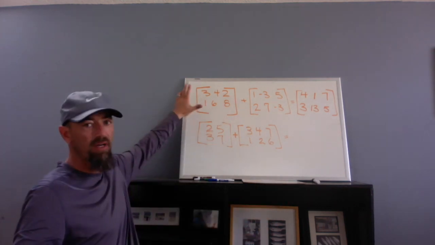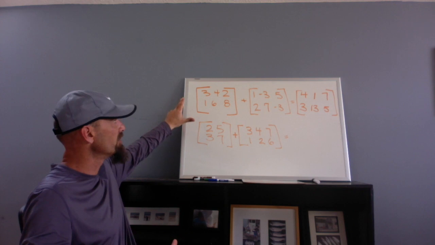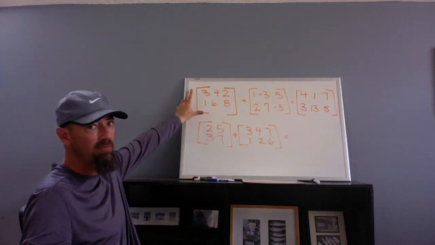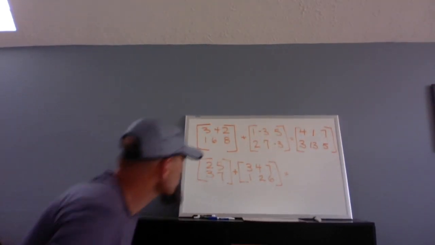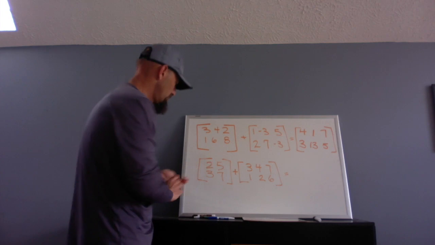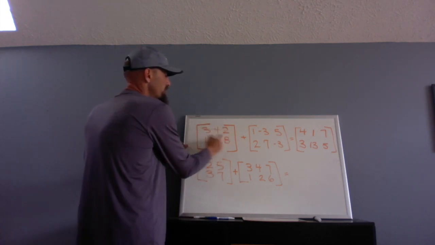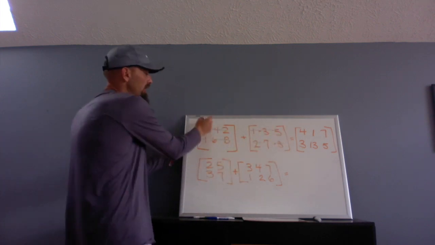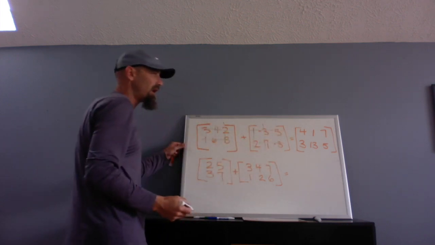Let's look at what we were talking about with adding matrices. I left this up from our last lesson, and what we decided is that when we're adding, we have to have the same dimensions. Let's take the one that we've got right here. I've got 2 rows here, 2 rows here, and 1, 2, 3 columns there, 1, 2, 3 columns there.